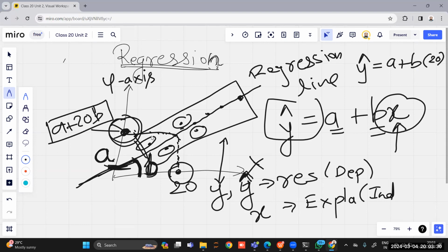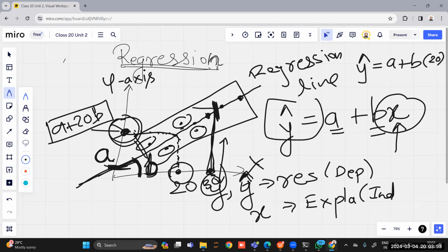Suppose, see here, there was no point between these two points, but I can predict what the output will be for this point, which was not on our scatter plot. How will you predict it? We see this point lies on the x-axis. Suppose it is 30.